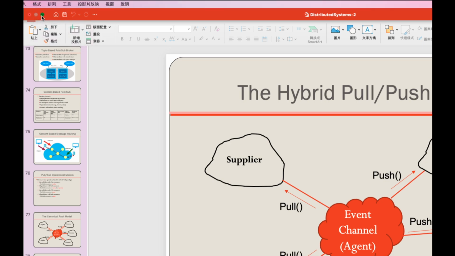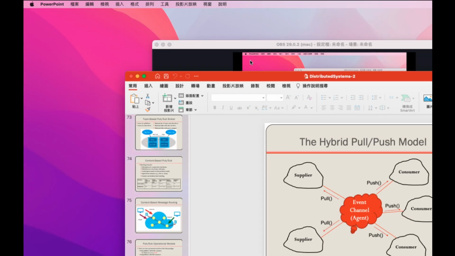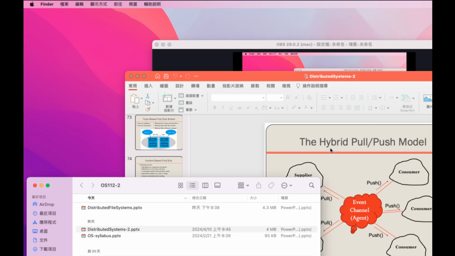The next lecture, we will be talking about inter-process communication facility, specifically the message passing mechanisms. Okay?